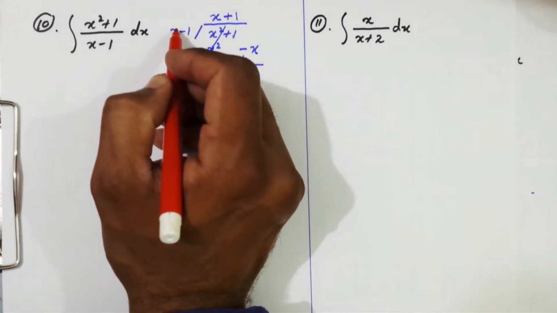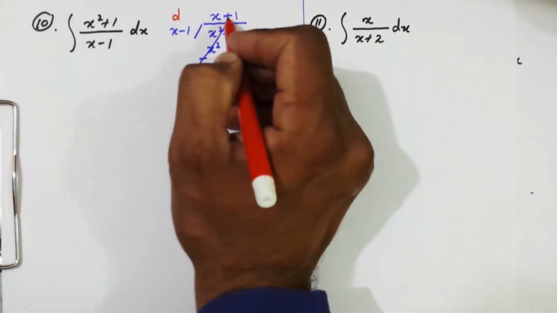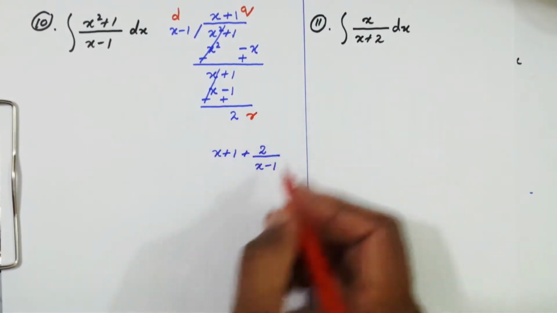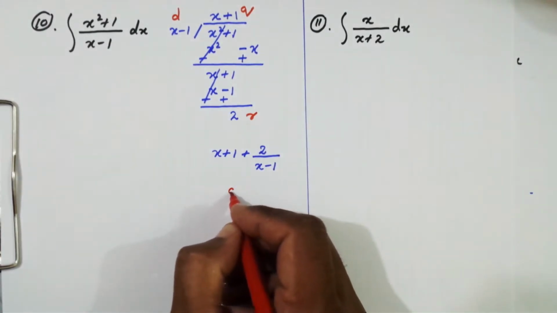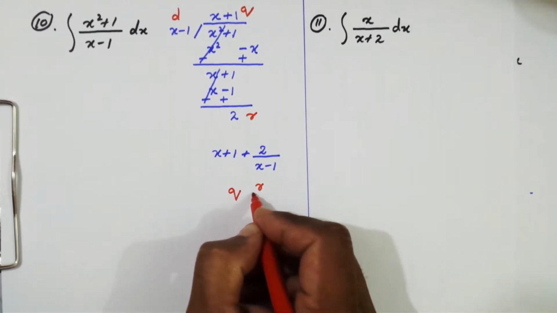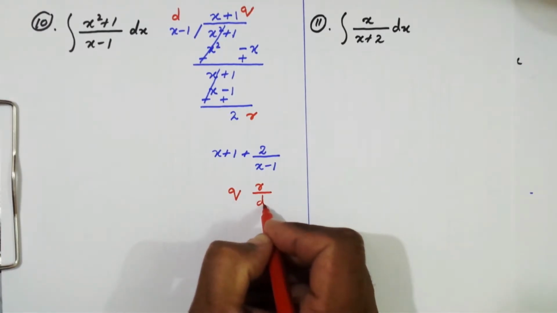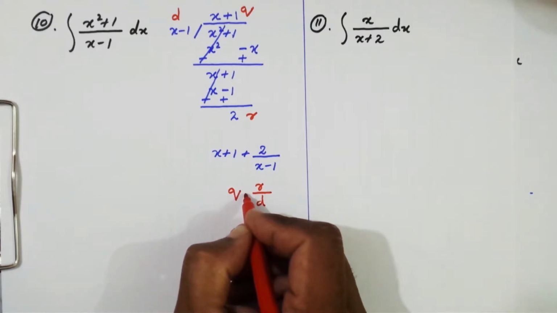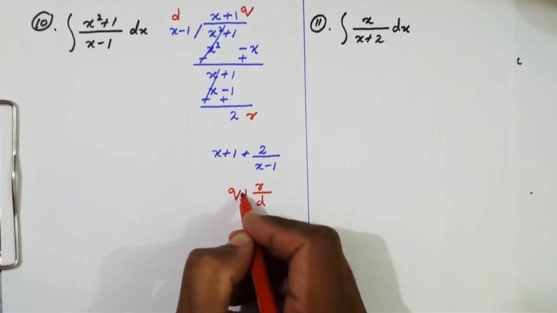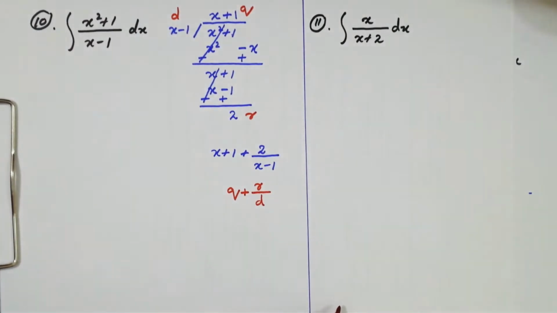This is the divisor, this is the quotient, and this is the remainder. So you write first the quotient, then remainder divided by divisor, and here you put the sign of the remainder, whatever the sign of the remainder. So this is the procedure of writing the answer of the long division method if there is a remainder.